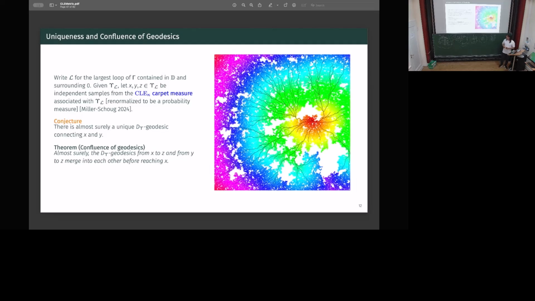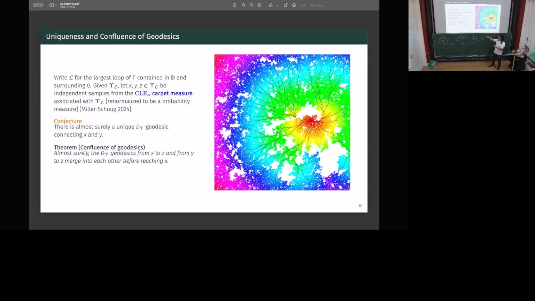And another very interesting result is a confluence. That is, if you choose three points, x, y, and z, and consider the geodesic from x to z and from y to z, actually this theorem should be true not for any geodesics from x to z, but for the leftmost ones.